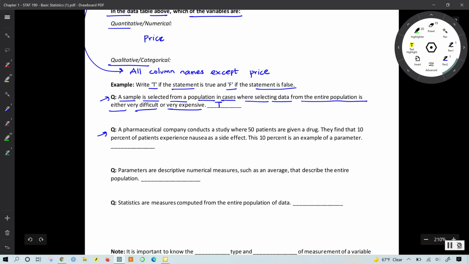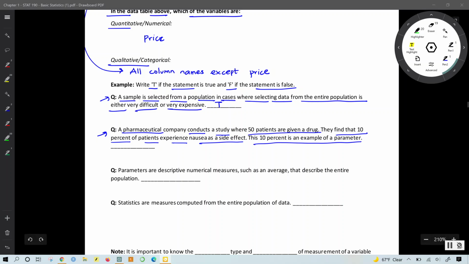Then we have another question. A pharmaceutical company conducts a study where 50 patients are given a drug. They find that 10% of patients experience nausea as a side effect. This 10% is an example of a parameter.